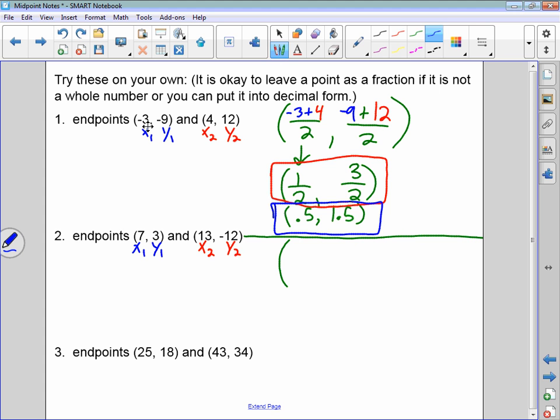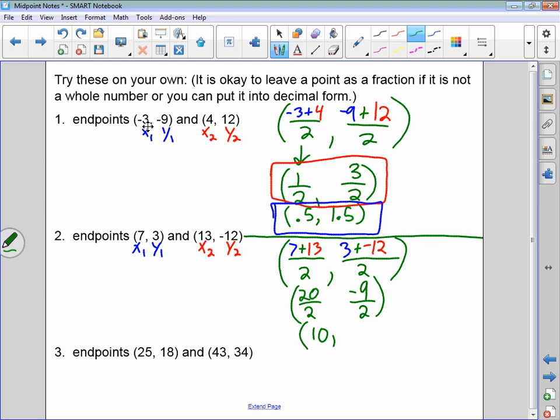So I have 7 plus 13 divided by 2, and 3 plus negative 12 divided by 2. 7 plus 13 gives me 20 divided by 2. 20 divided by 2 gives me 10. 3 plus negative 12 gives me negative 9 over 2.